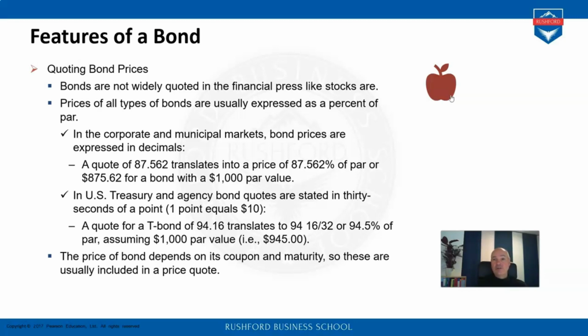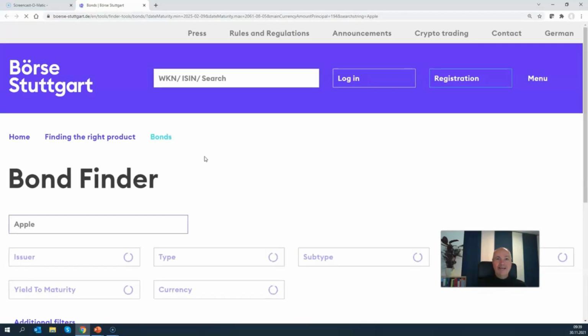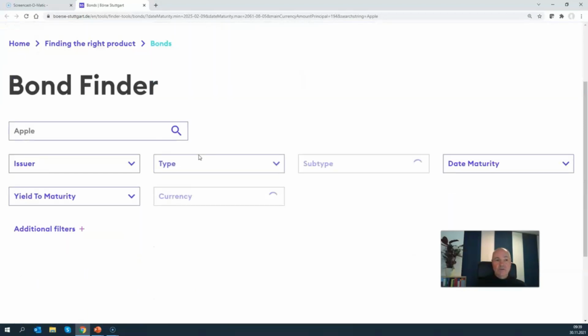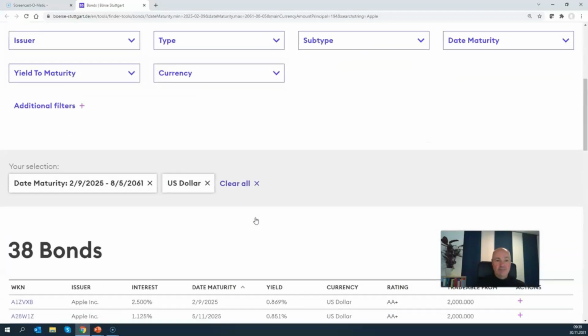Now let's have a look at how the quotation looks on quotation systems. We're going here to the Börse Stock Exchange of Stuttgart, and look at the Apple bonds outstanding with US dollar denomination.